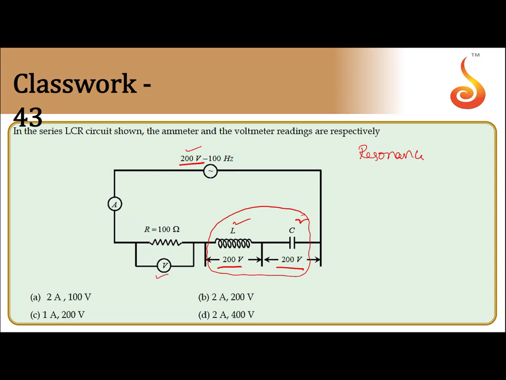So whatever is the voltage here, same will be the voltage here. So voltmeter reading should be equal to 200 volt. Now current in the circuit, since it is at resonance, should be V by R, that is 200 by resistance is 100, that should be 2 ampere. So it should be 2 ampere, 200 volt, that is option B.